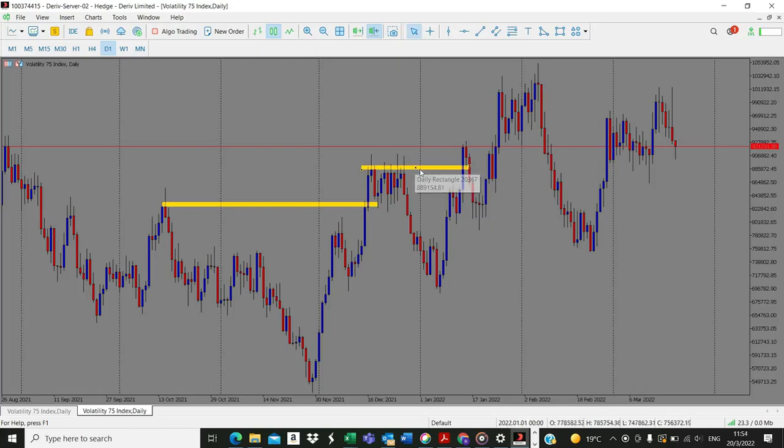So this will look like a fake BMS. Then price pushed again to break this high. That's another BMS that price created there.